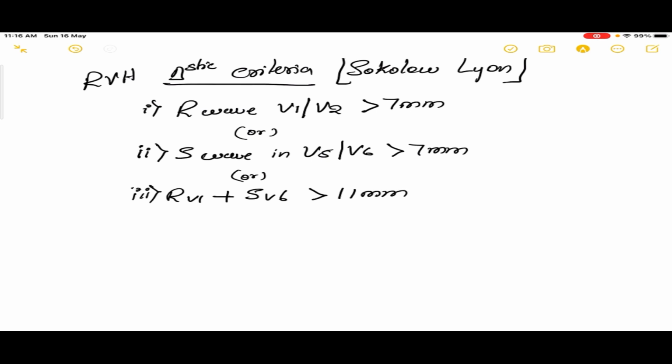So the diagnostic criteria is R wave in V1, V2 more than 7 mm, or S wave in V5, V6 more than 7 mm, or R wave in V1 with S wave in V6 more than 11 mm.